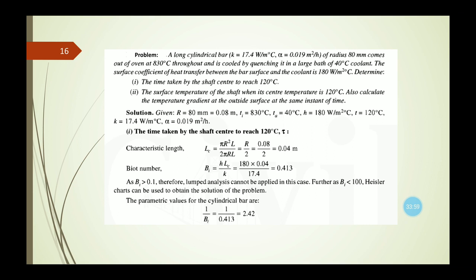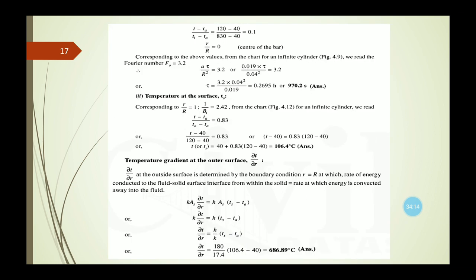The Heisler chart for the cylinder we need to use to calculate the time taken and the surface temperature of the shaft. With a similar procedure, we can easily calculate all these required things. This numerical is not very complex; we only need to use the Heisler chart for the cylinder.